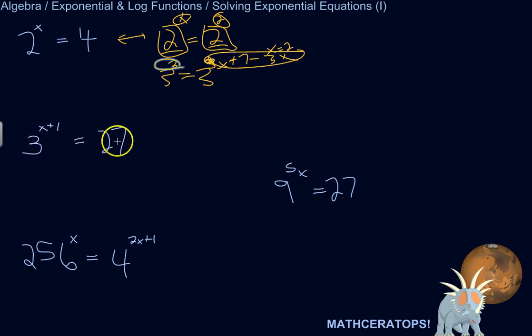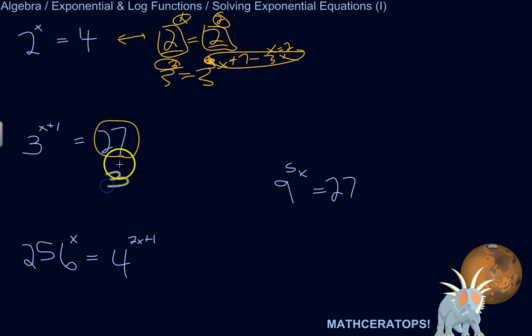But is there a way to rewrite 27 so that it's expressed as 3 raised to some power? Because if so, then I can set x plus 1 equal to that power. Well, 3 squared is 9, 3 times 3 is 9, times 3, 9 times 3 is 27. So 3 cubed is 27.